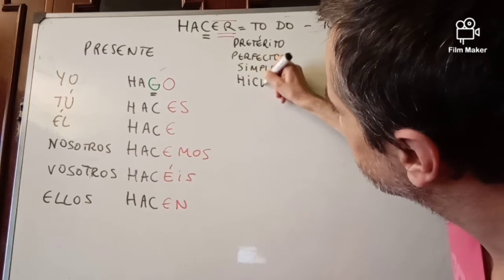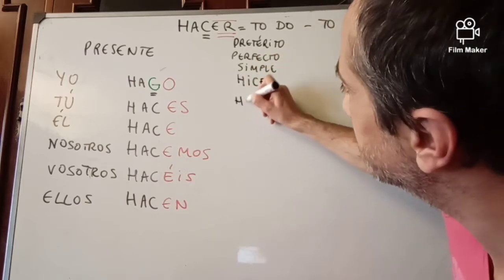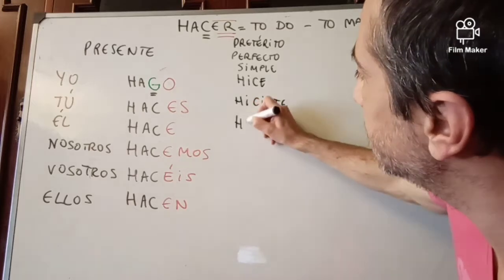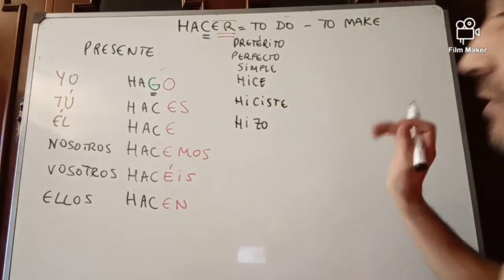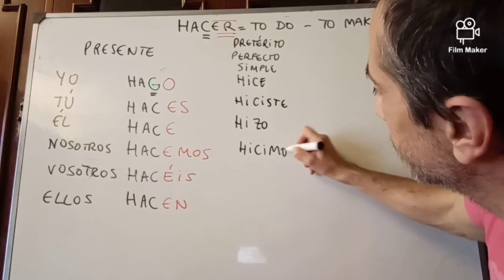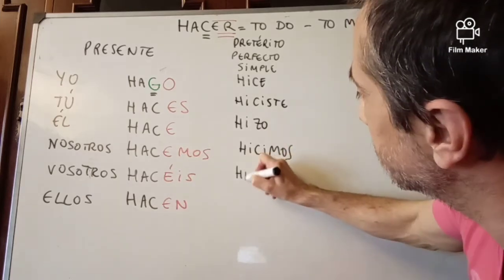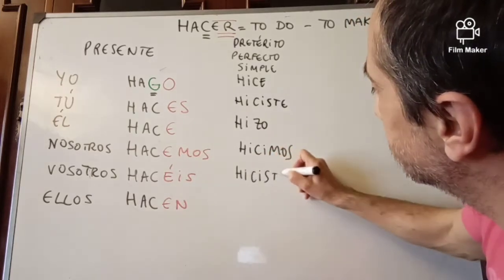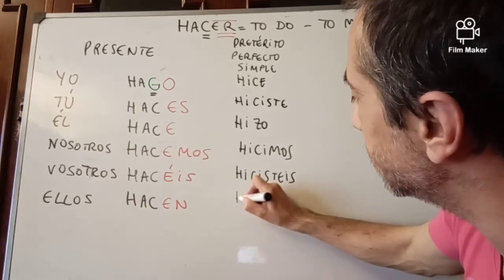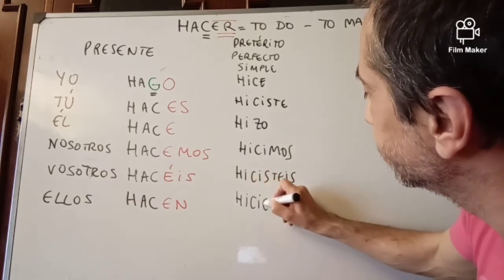Yo hice, tú hiciste, él, ella hizo. Well, here we have many changes. Nosotros hicimos, vosotros hicisteis, and ellos, ellas, ustedes hicieron.